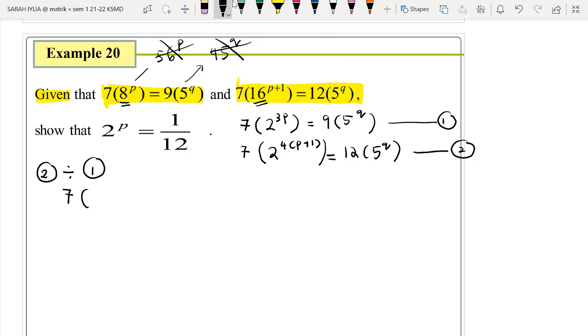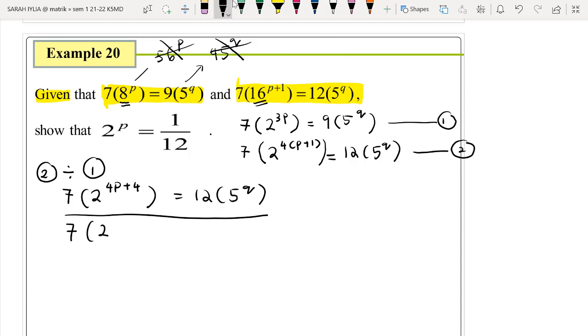So, remember here, when you have a bracket there, kita kena open up bracket tu satu persatu. 4p plus 4. Okay, divide by our first equation there, 7 to the power of 3p equal to 9, 5 to the power of q. Okay. Sebab kita dah bahagi sekarang, you can cancel out any term yang tak berkaitan.